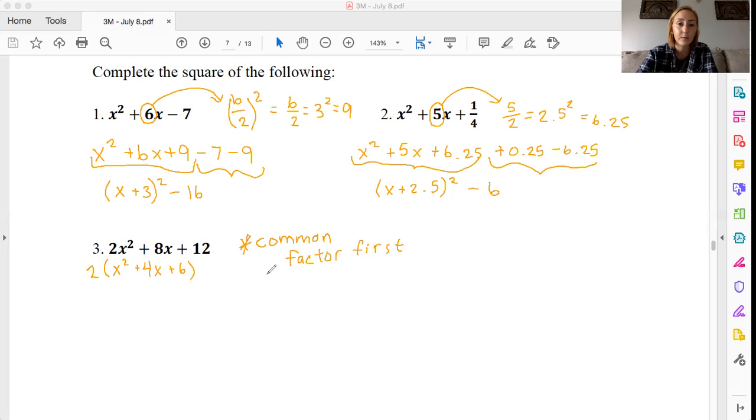And then we're able to take our b value, which is 4, divide by 2, which is 2, and then square it, which is 4. So the number we're going to add and subtract is 4. Plus 4 plus 6 minus 4. Keep our 2 outside of that bracket, so do the perfect square. So x plus 2 squared plus 6 minus 4 is plus 2.